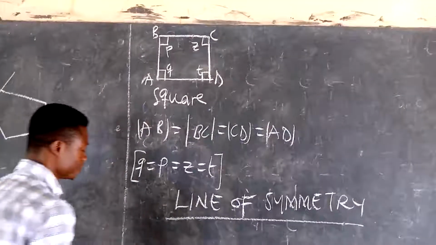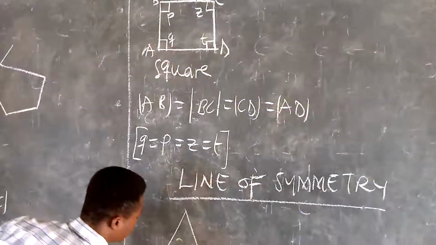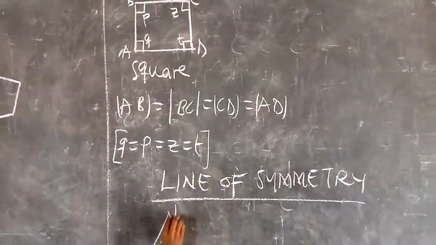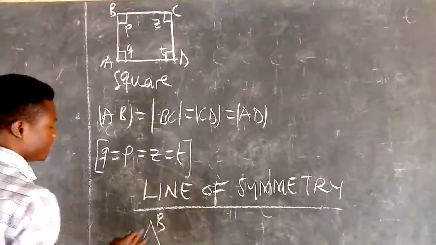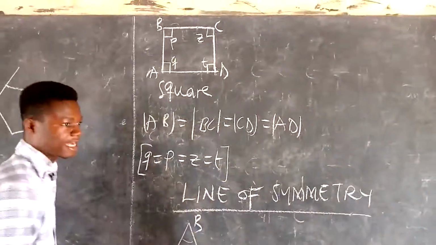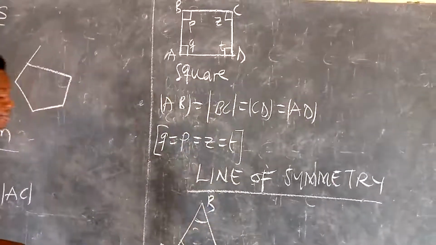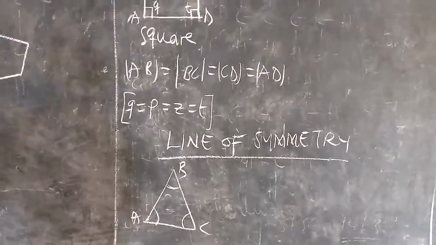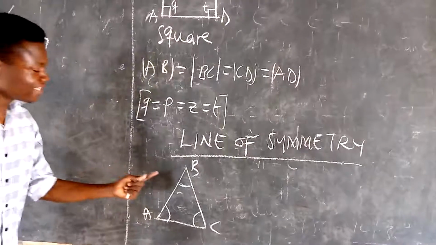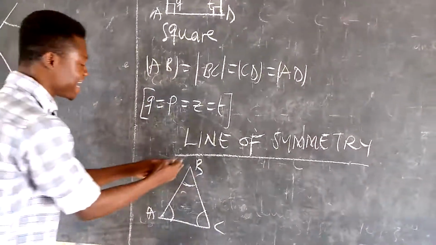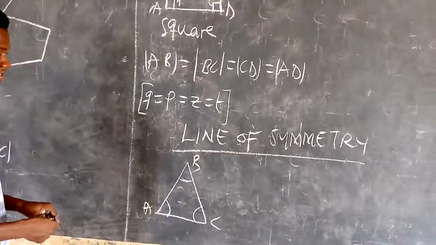So let's take an equilateral triangle ABC with equal angles. The name comes from equilateral, meaning equal sides. The line of symmetry is the line that can divide this plane figure into two equal halves.